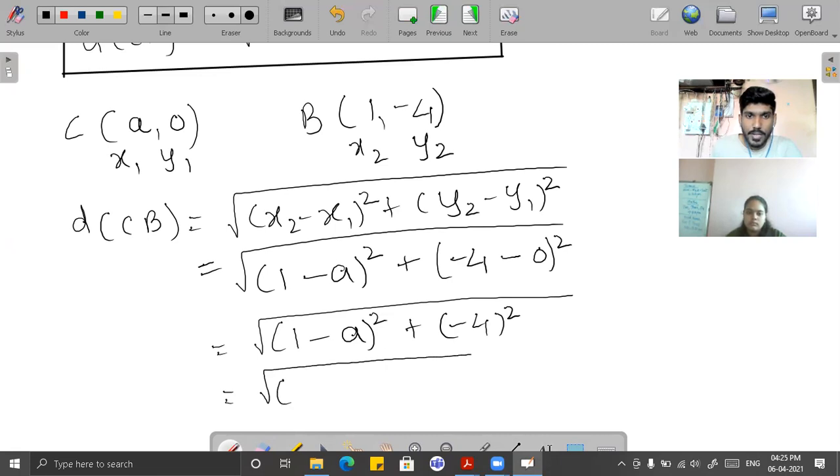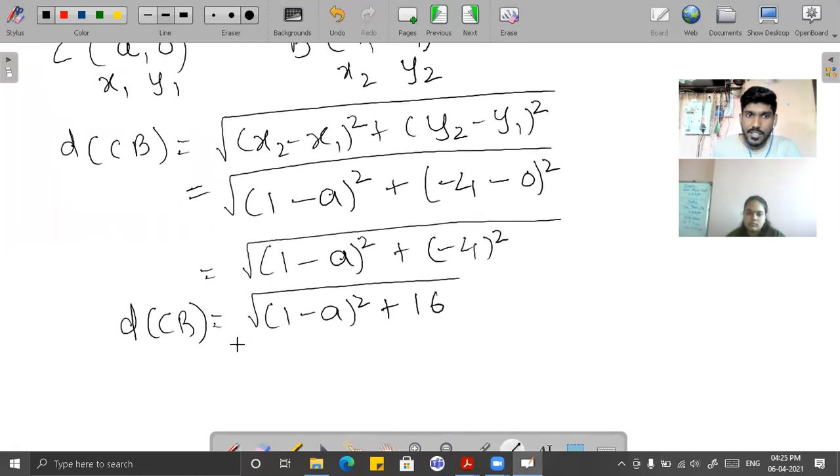And what is the square of -4? 16. So distance CB is the square root of 1 minus A the whole square plus 16. Is this clear?